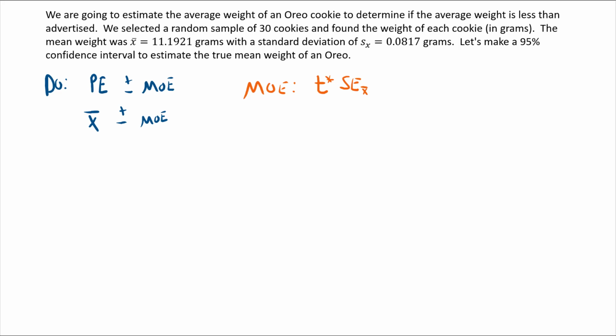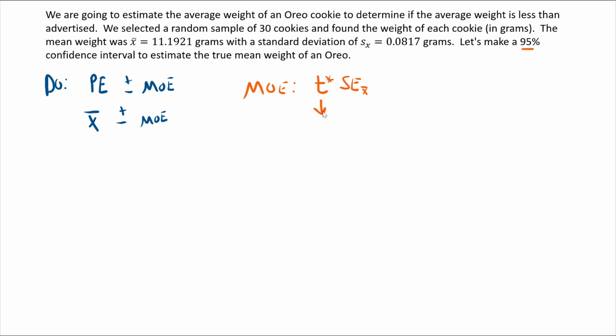All right. So first off, to find the t star. It's going to take a little bit of an extra step here, because it doesn't just worry about being 95% confidence like we had to deal with for our z star.